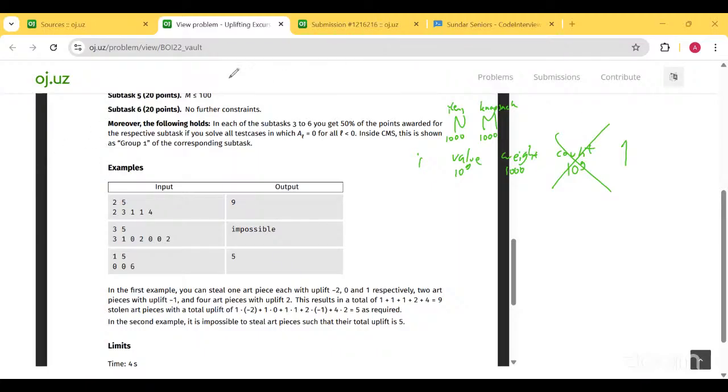So the original knapsack problem is like this, right? For each type, there is only one item.